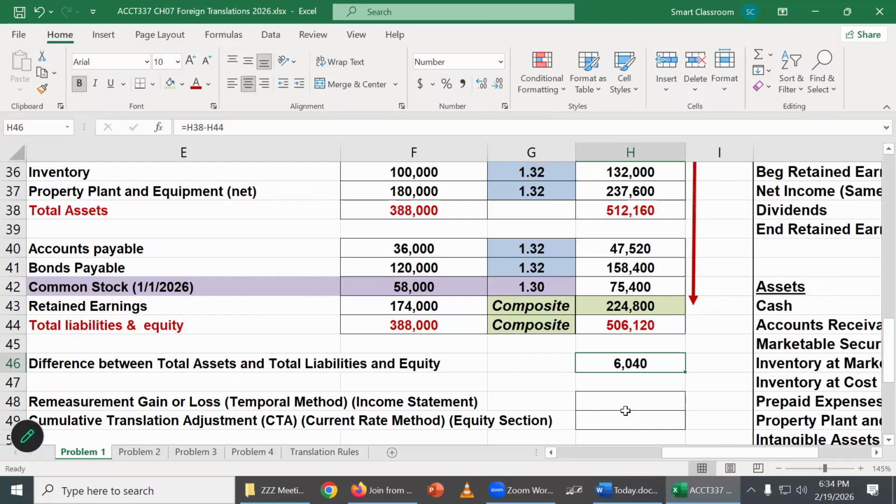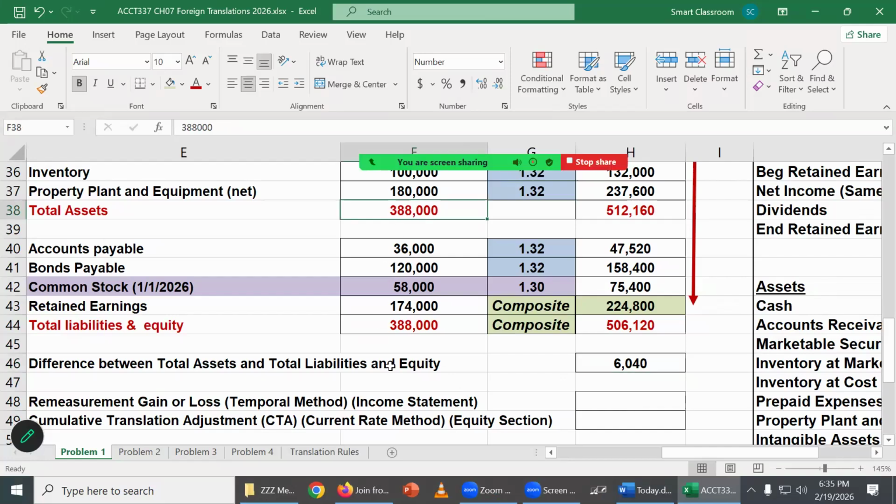Yeah, we must have gained 6,040 on the translation. And again, this is on the translation because in the local currency it balances, but when we do the translation, it doesn't. So this will be a gain. Now the question is, what do we do with that?